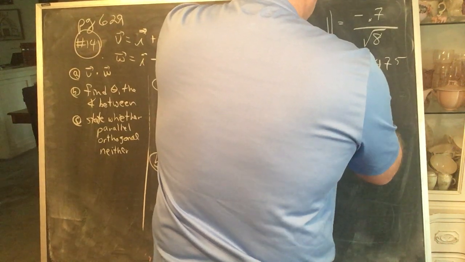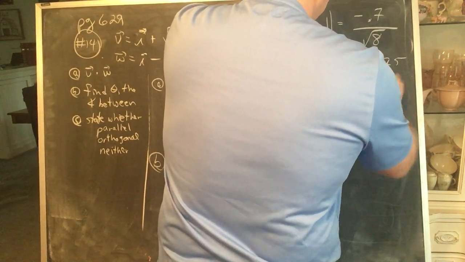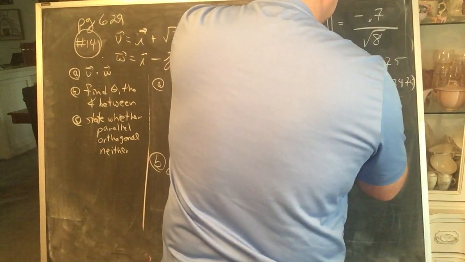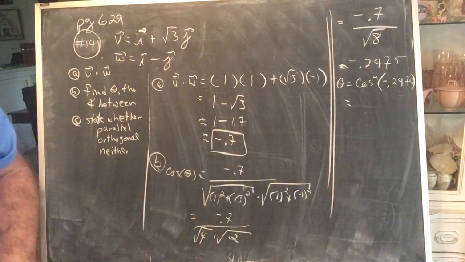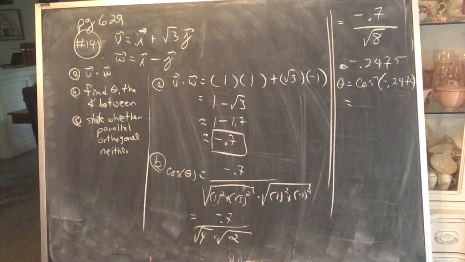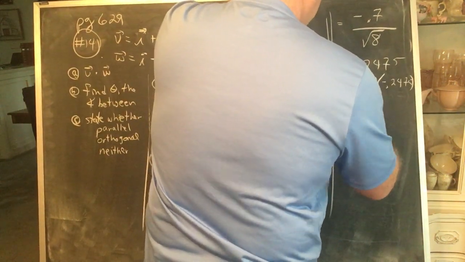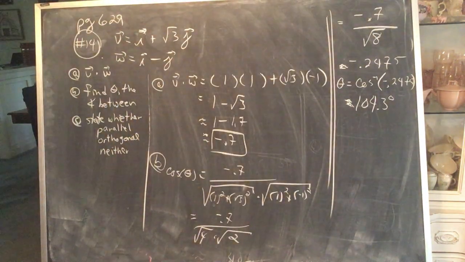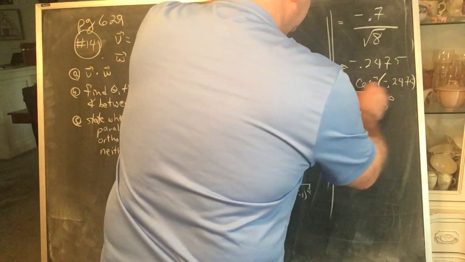I want theta now to be cosine inverse of that previous result, and that works out to be approximately 104.3 degrees. And so there's part B.